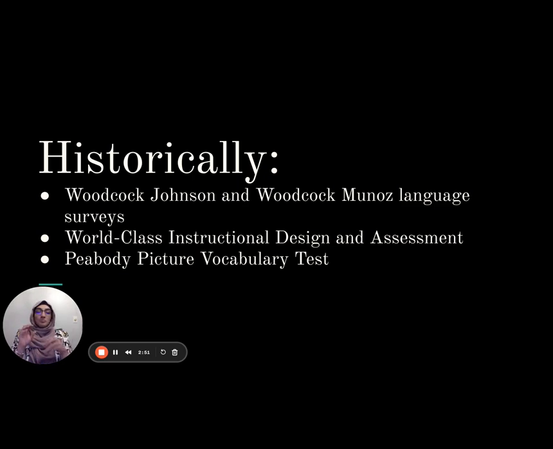Historically, running a quick database search, a lot of the assessment tools that have been used in the past for language proficiency, specifically English proficiency, are the Woodcock-Johnson or Woodcock-Munoz language surveys, the WIDA CLASS, the World Class Instructional Design and Assessment, and the Peabody Picture Vocabulary Test.